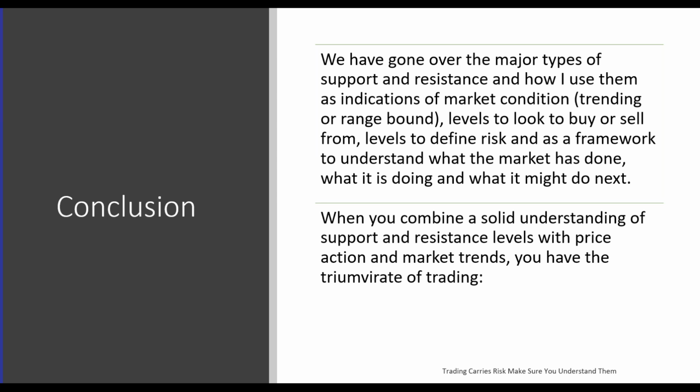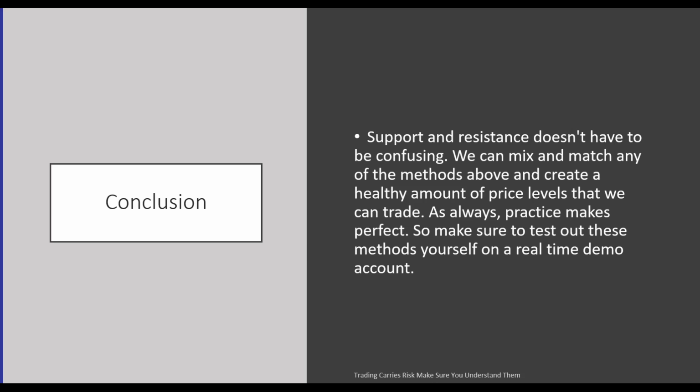They give you three clues: what it has done before, what it's doing now, and what to expect next. That's a lot of information you can get, and it's not very complicated. It's not big mathematical calculations. And when you combine a solid understanding of support and resistance levels with price action and market trends, you have the triumvirate of trading.